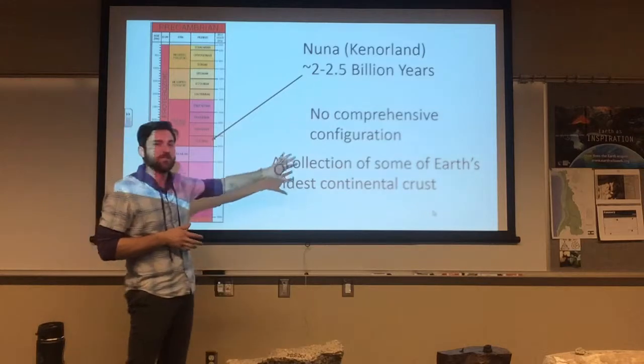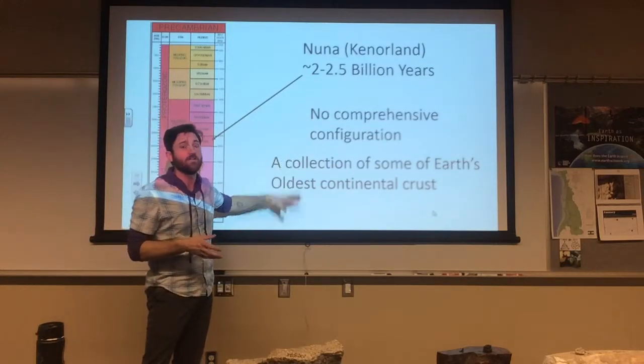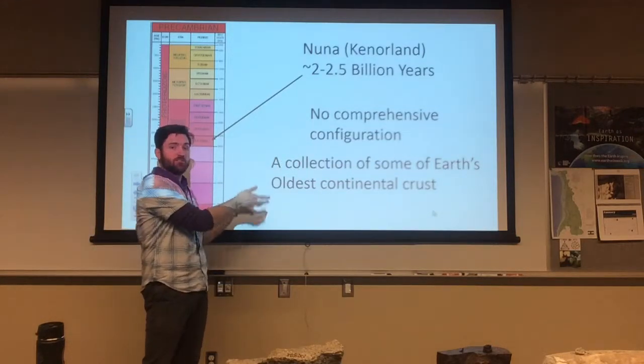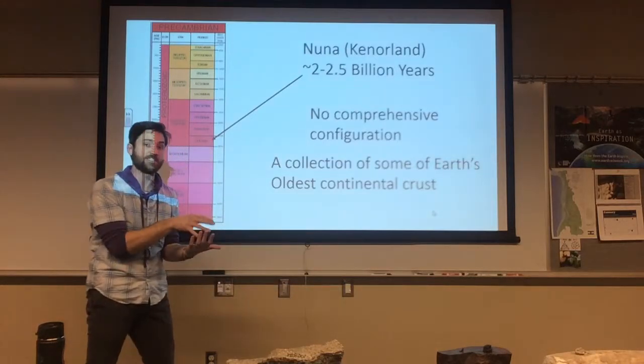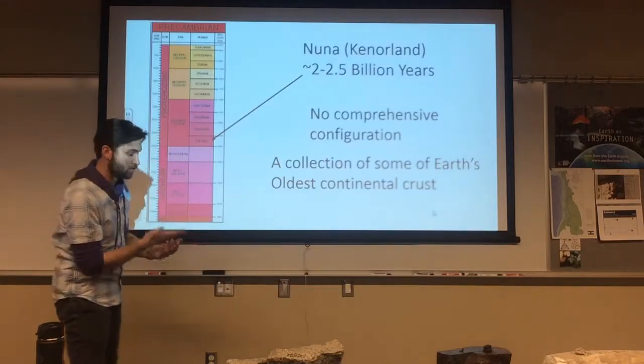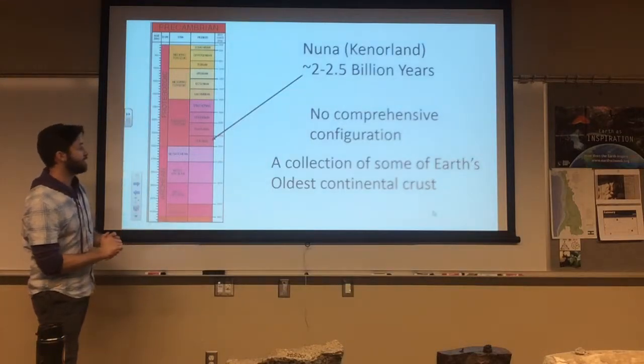Okay? And this is the argument of when did plate tectonics start? Some would say that evidence of this supercontinent shows us that modern plate tectonics was well underway by then.